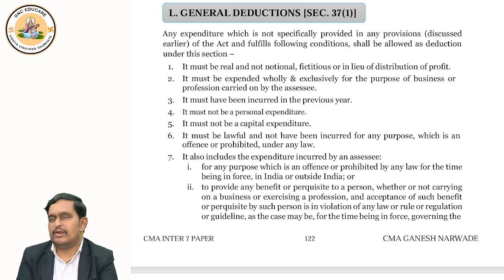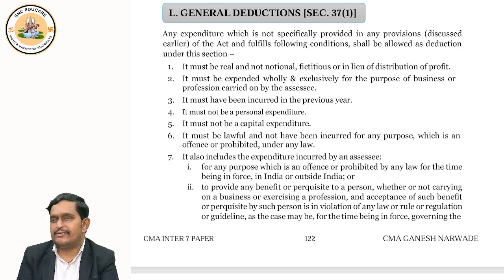Like for example, if you spend money to purchase drugs, it is prohibited as per the Narcotics Control Bureau. So there is a department which prohibits. Then the supply of drugs becomes illegal. Its expenditure also you cannot claim. Are you able to understand? Right? So it should be lawful.